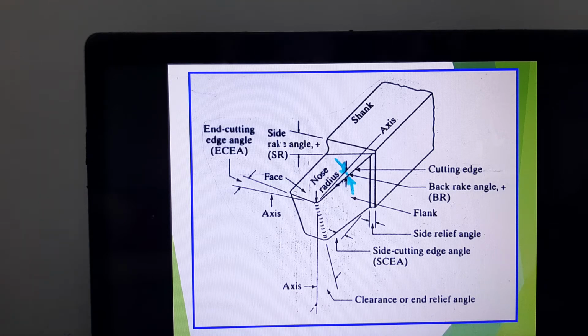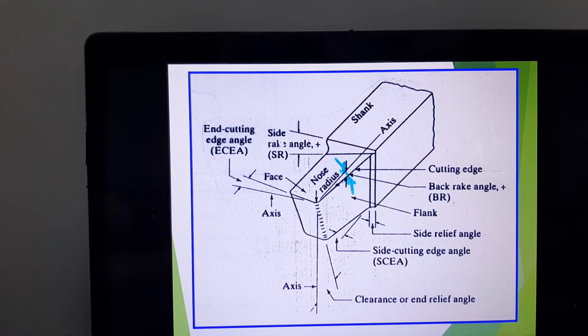Your side relief angle would be a specific angle. So you cannot have the same cutting angle for every metal that you cut. It is a lot more complicated in the industry than what you think it is. Each and every cutting tool is designed to cut a specific type or category of metal.